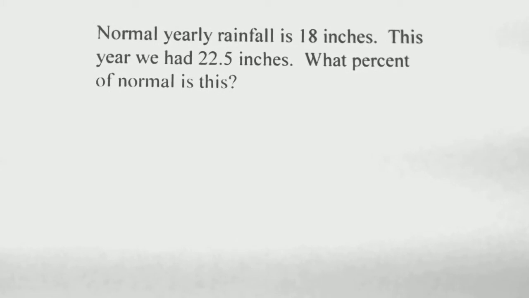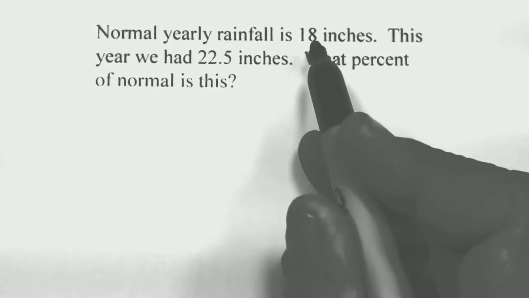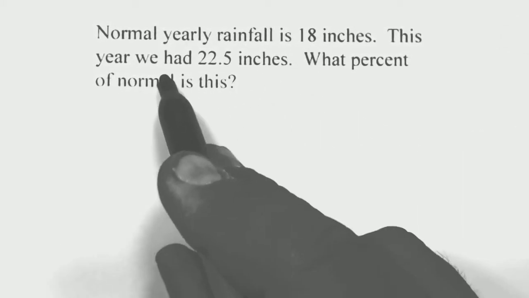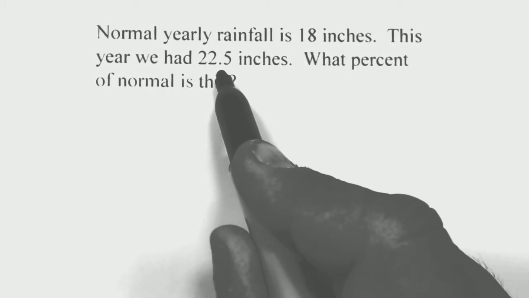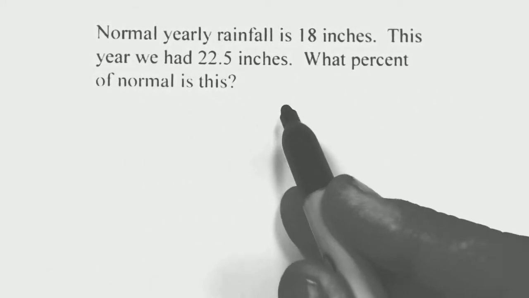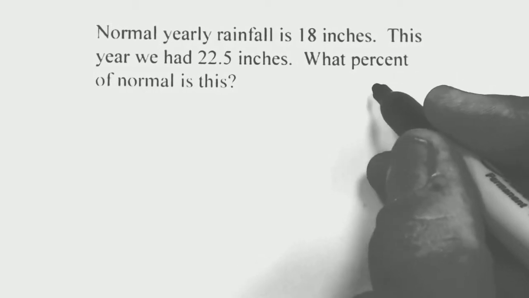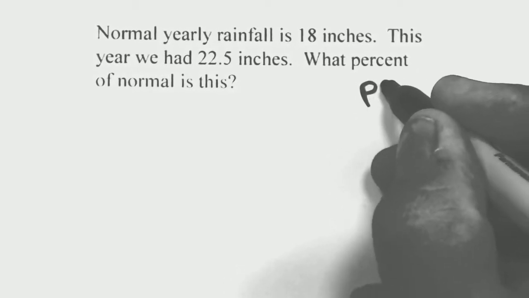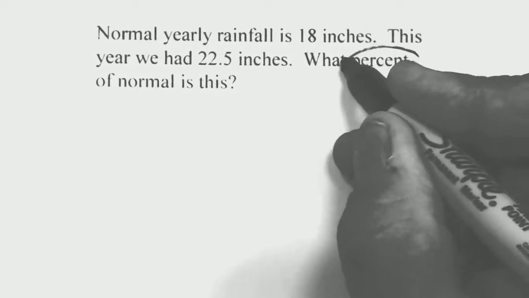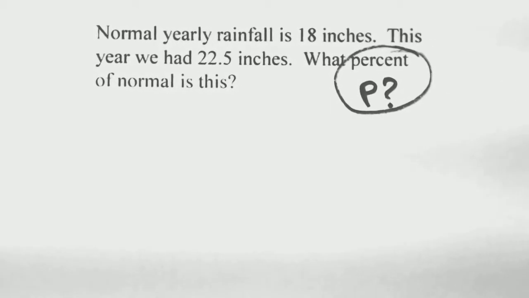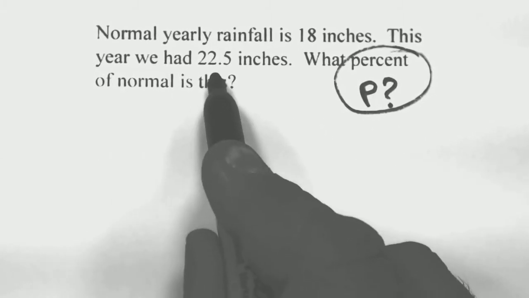Let's see. Here we go. Talking about rainfall. Normal rainfall is 18 inches. This year we had 22.5. What percent of normal is this? Well, you can tell it's a percent problem again because you see the word percent. And like we've had in some of the recent problems, the percent is missing, so we're going to be solving for that. Now, this year we had 22.5 inches.